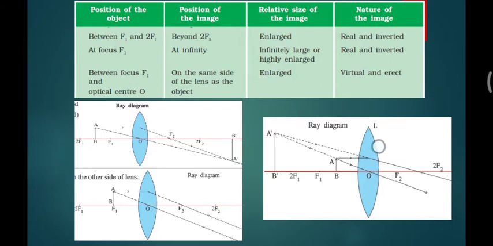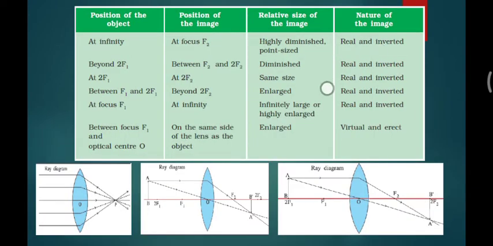Now if the object comes closer, very near to the optical center, then the image is formed on the same side as the object, enlarged, and it is a virtual and erect image. As you can see in this diagram, apart from this last case, all the other images formed by a convex lens are real and inverted.